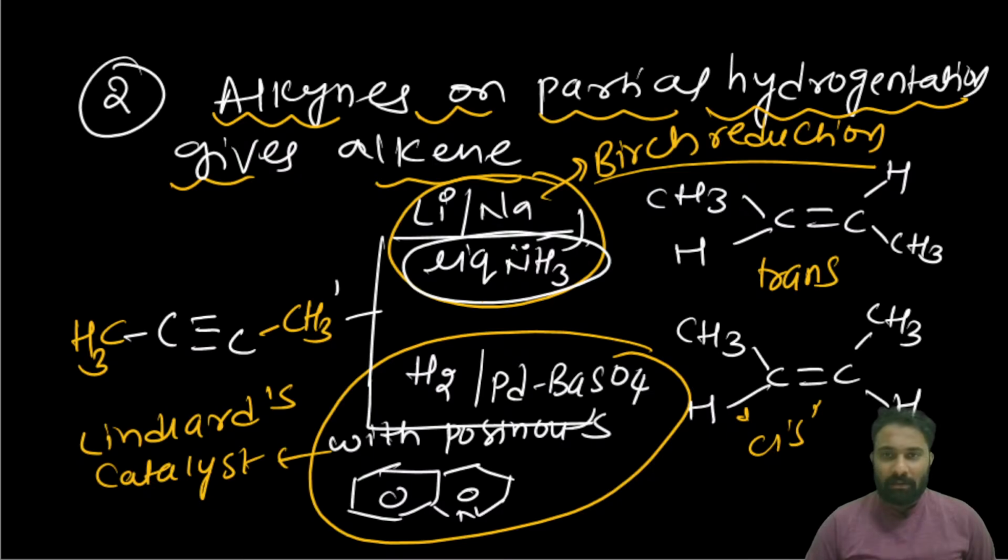But-1,9 upon Lindlar's catalyst and Birch reduction. What type of geometrical isomerism will it give? Cis-trans, or syn and anti, or E/Z.